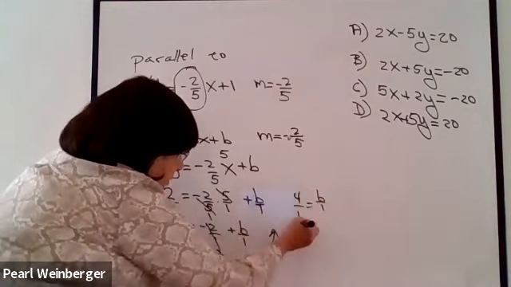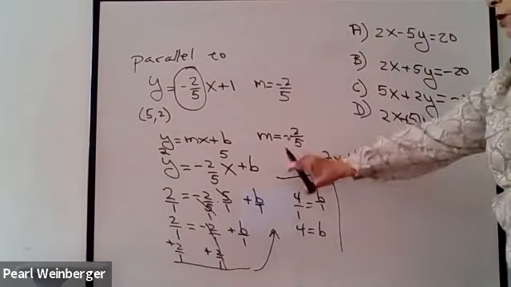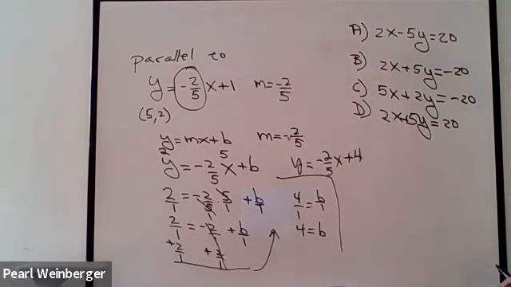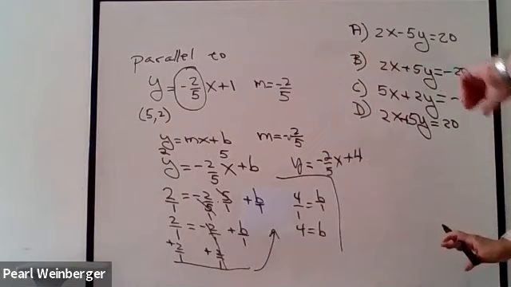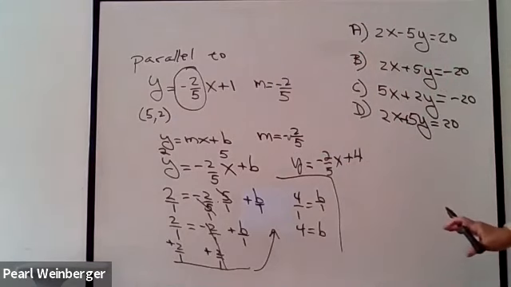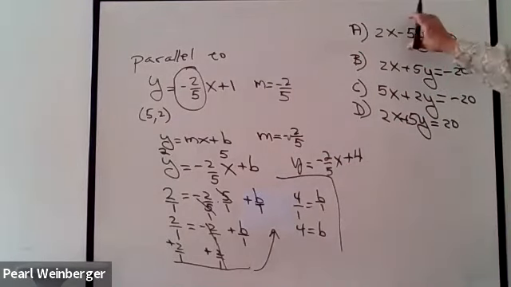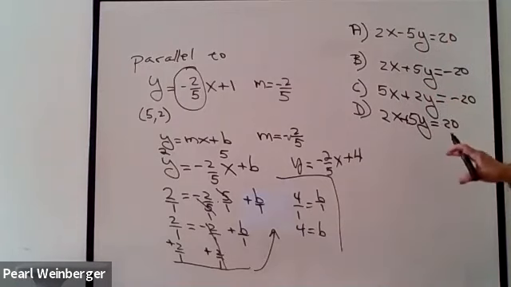Now, the problem is that none of these are this answer. So there are two things I could do. I could either take the answer that's in the y equals mx plus b format and put it into the standard format.